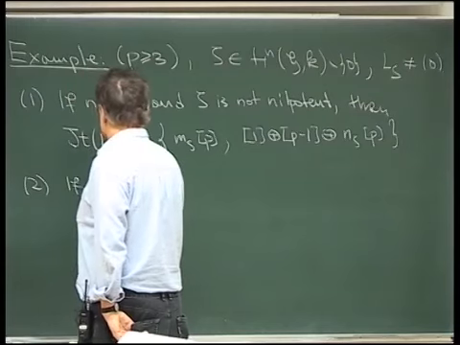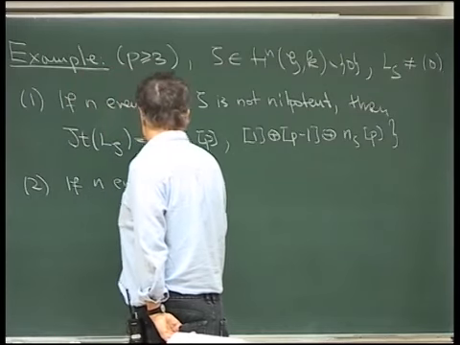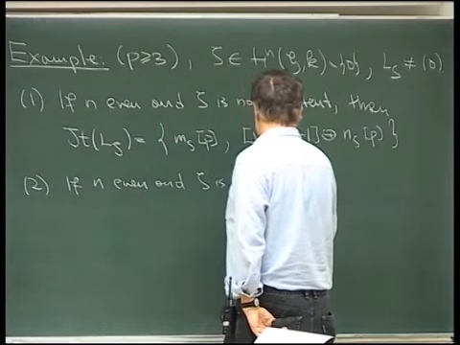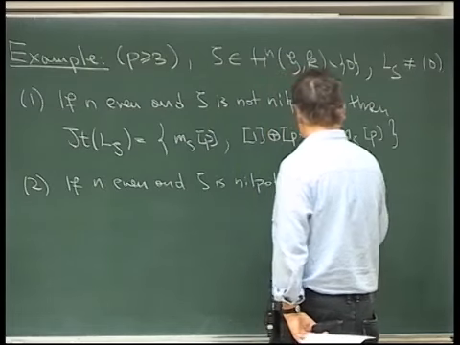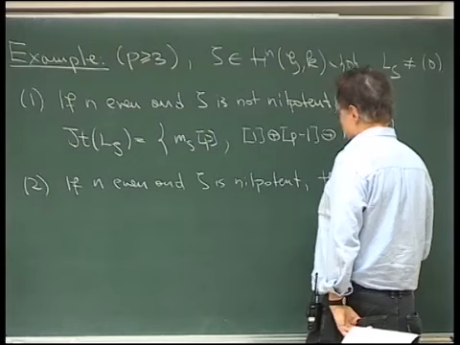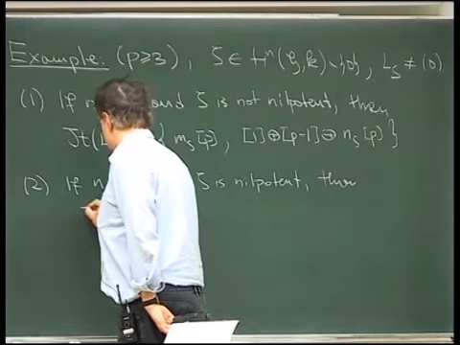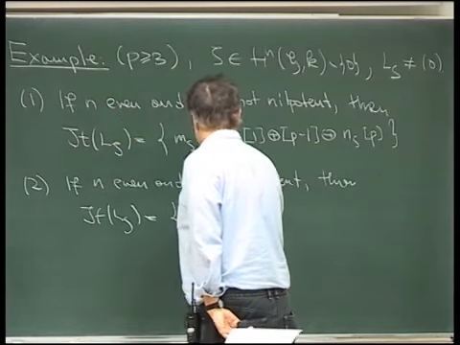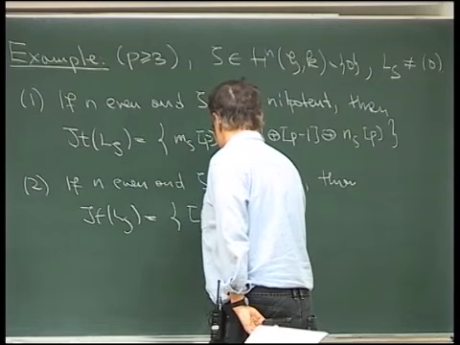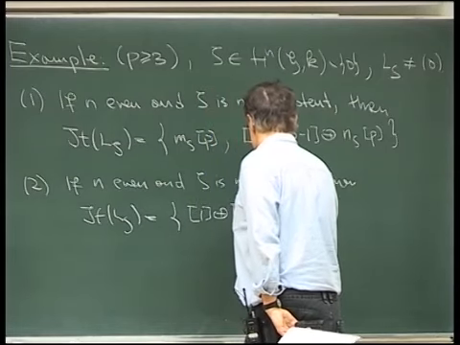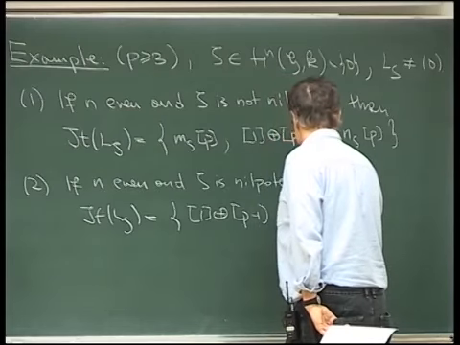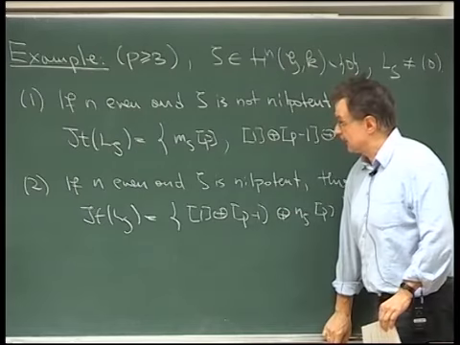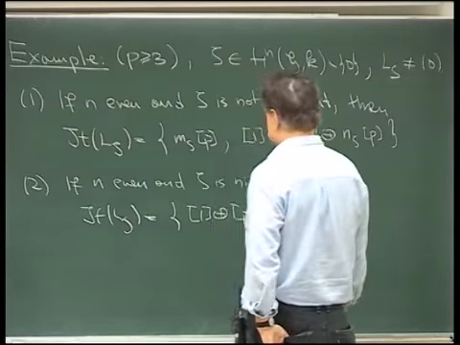So if n is even and zeta is nilpotent, then the Jordan type of L zeta, the set of Jordan types, is a singleton, so you just get what you had before. And perhaps I should make a definition here.